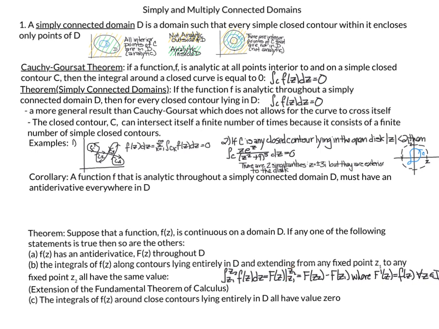Or, for a function that is analytic throughout a simply connected domain D, the integral of f of z around any closed contour has value 0. In summary, this corollary adds this condition about f being analytic throughout a simply connected domain to this theorem that we had previously looked at.